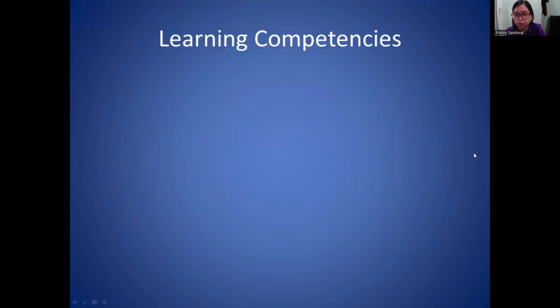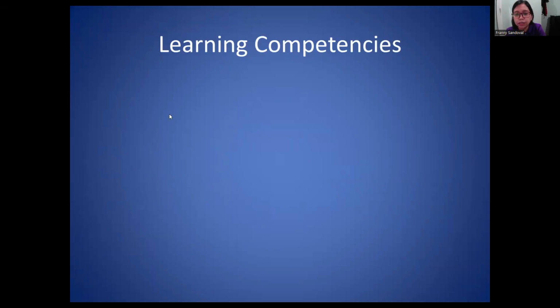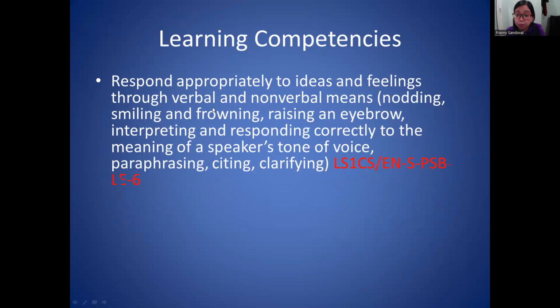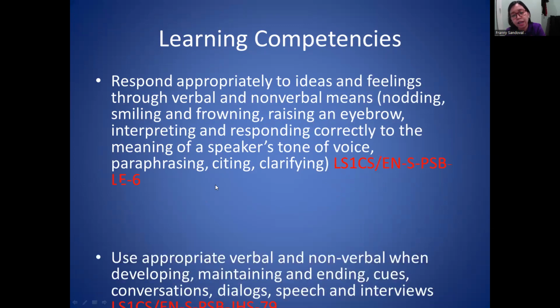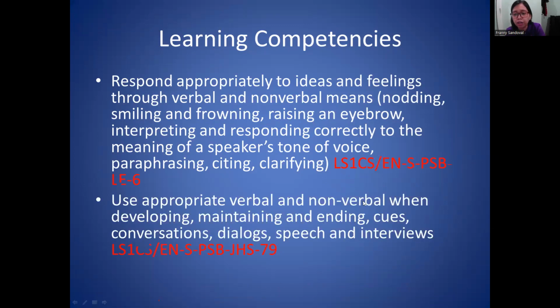Okay, let's continue. So what are our learning competencies? Respond appropriately to ideas and feelings through verbal and non-verbal means, and to use appropriate verbal and non-verbal when developing, maintaining, and ending cues, conversations, dialogues, speech, and interviews.